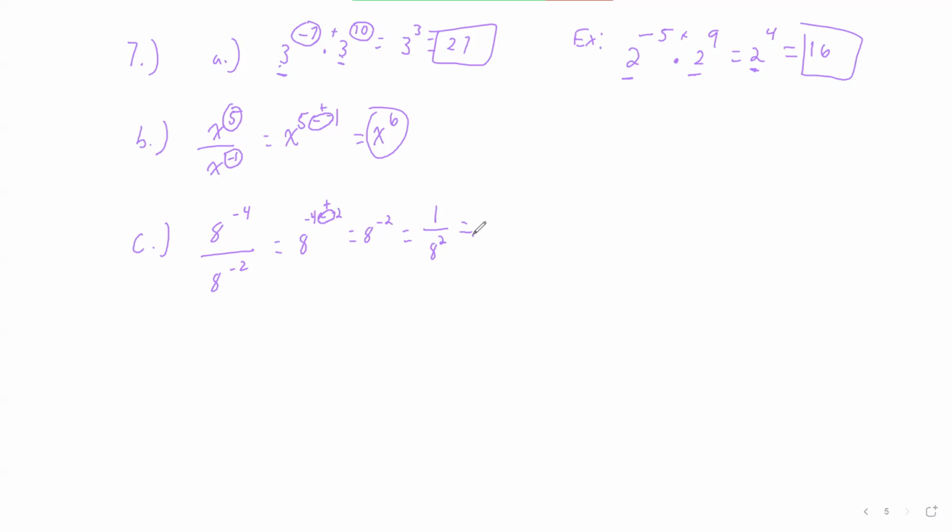Because now you got to do the 8. What is 8 to the second power? That would be 8 times 8, so that'd be 64. But again, that's a most common answer right there. No, it'd be 1 over 64.